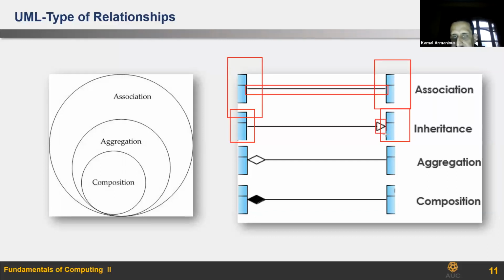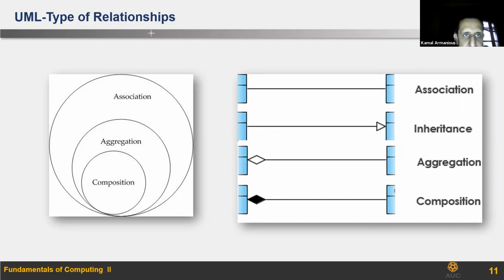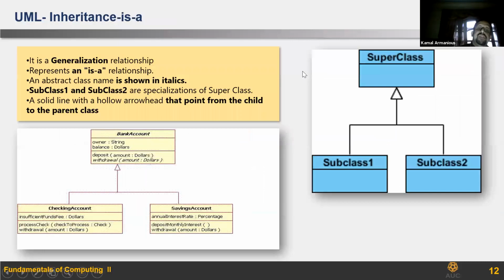A line and a triangle with a white space. Aggregation, this means that this class is a part of this class, and this is a white diamond. Composition, this means that this class is a part of this class, and this is a black diamond. Okay, we'll have more and more from this in the upcoming slides.